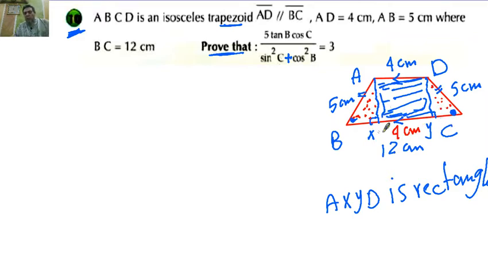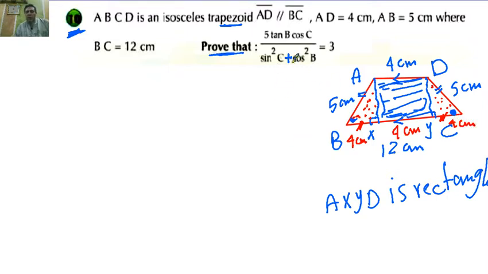Then XB equals YC. The remainder from 12 is 8, 8 divided by 2 equals 4 centimeters and 4 centimeters.